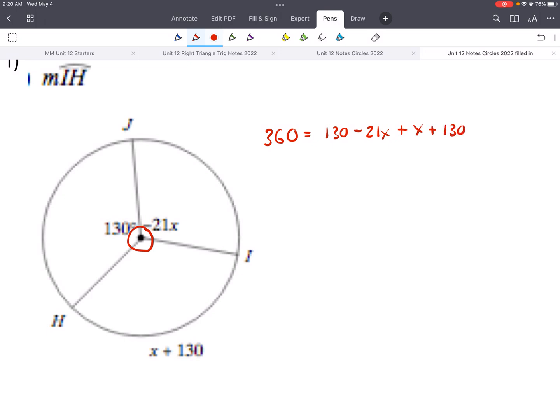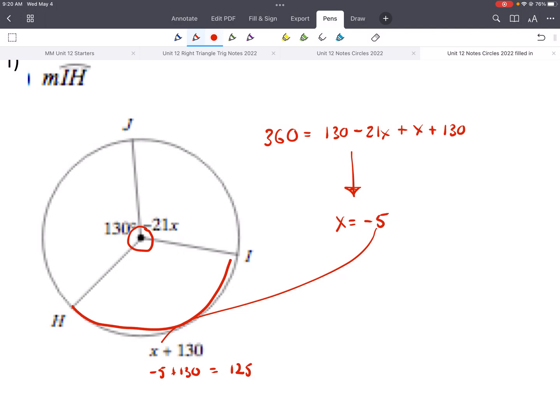Okay, so again, same sort of thing. We could combine like terms, get x by itself. I'll leave that for you if you want to, but I think you end up getting x equals negative 5. We would plug that in because that's what they're asking for, arc IH, and we'd get negative 5 plus 130 gives you 125.